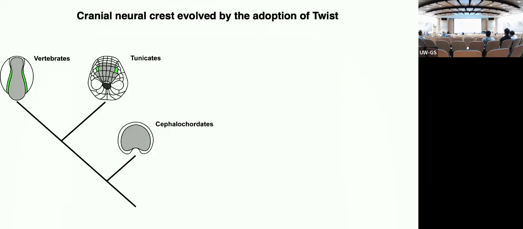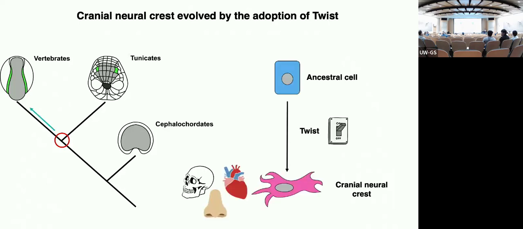So we came up with this hypothesis that in the ancestral organism, there was an ancestral cell, and in the lineage leading up to vertebrates, there was the expression of twist, which was important for making cranial neural crest.